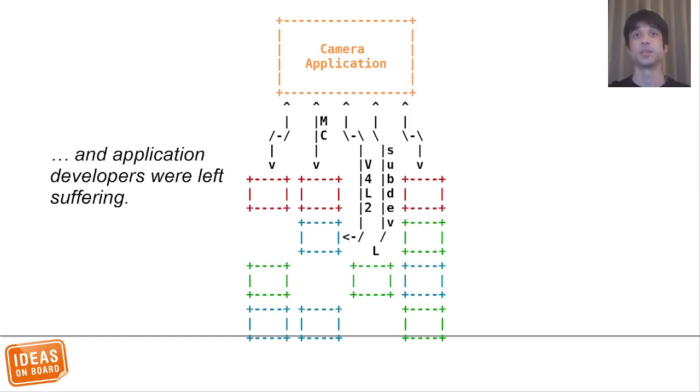So then the Media Controller API and V4L2 extensions were designed and developed to expose the full features of the ISP to user space. The problem now is that all of the burden of managing the camera pipeline is placed on the applications.